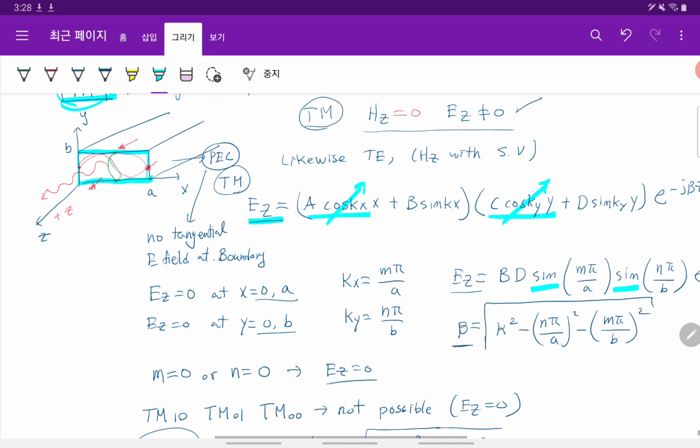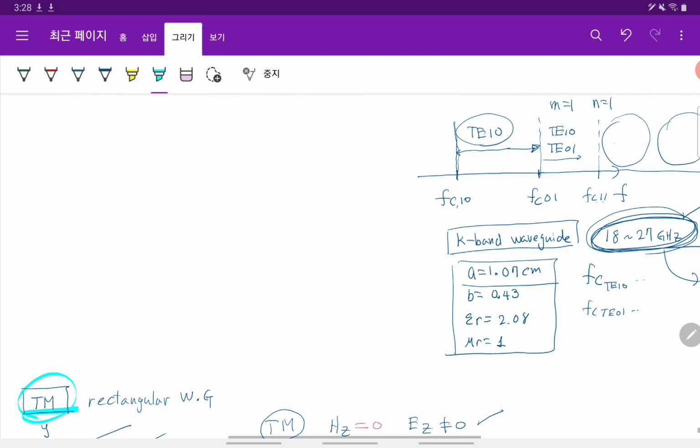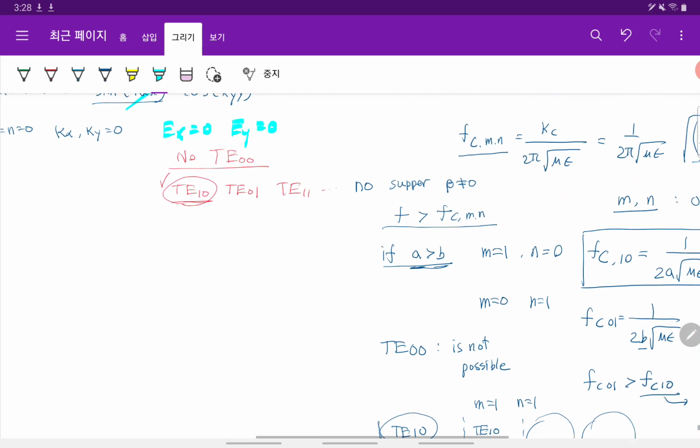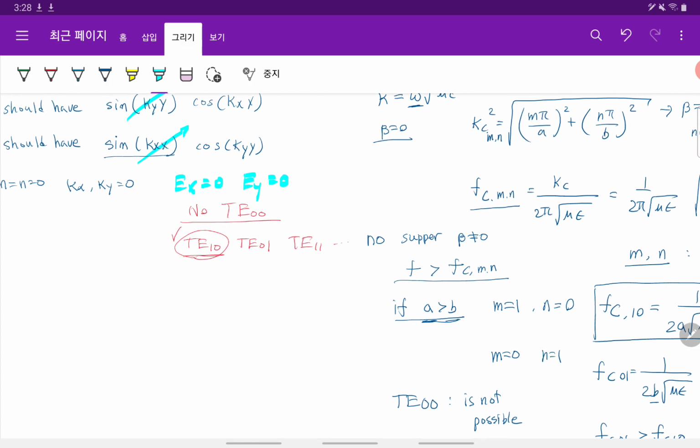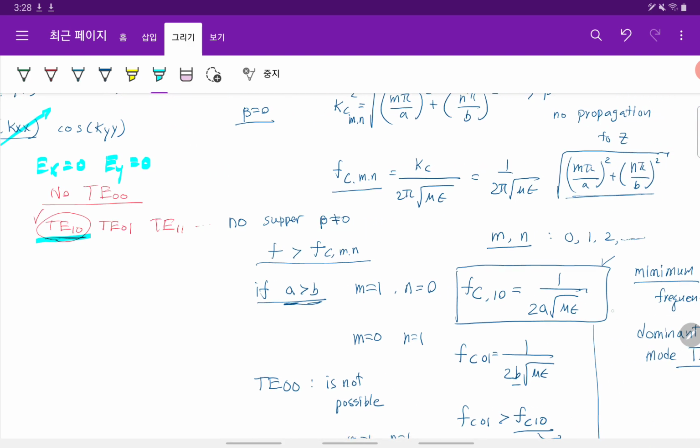Compared to the TE case, the dominant mode is TE10, so TE10 mode has a lower frequency than the TM case.